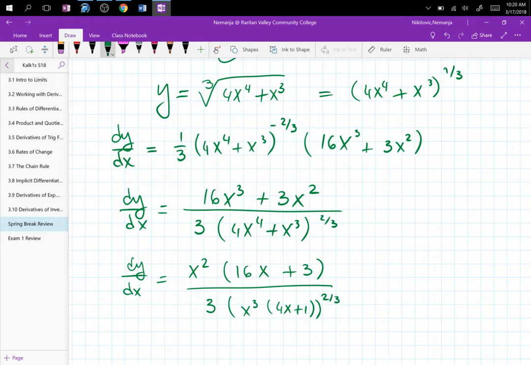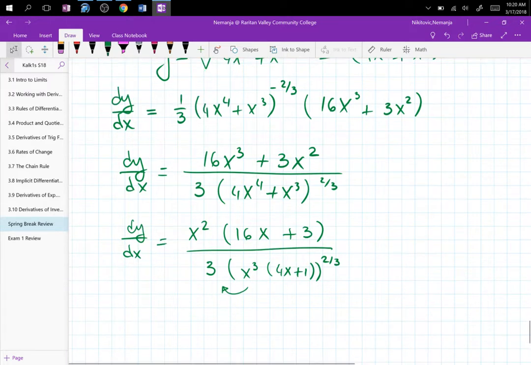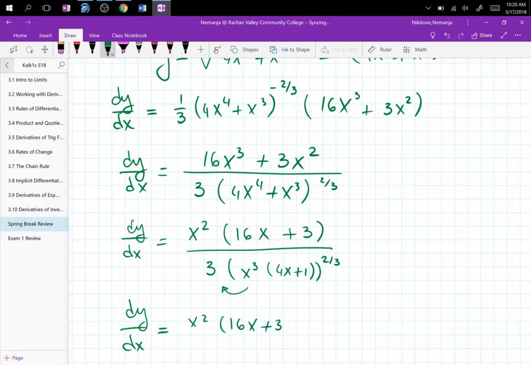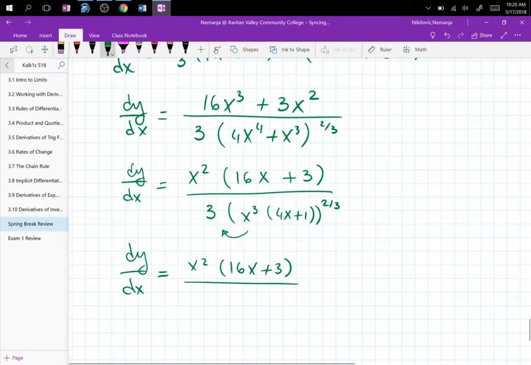So now, as this x cubed goes out, the 3 and 3 will cancel, it becomes x squared. So dy dx is equal to x squared, 16x plus 3, divided by 3x squared, 4x plus 1 to the 2/3. And x squareds die.